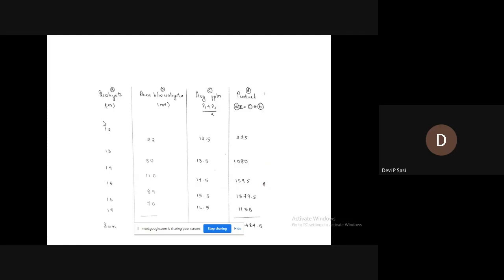Name that column C. Now you just write the given data: isohyets 12, 13, 14, 15, 16, 17. Then the areas 22, 80, 110, 89, 70.